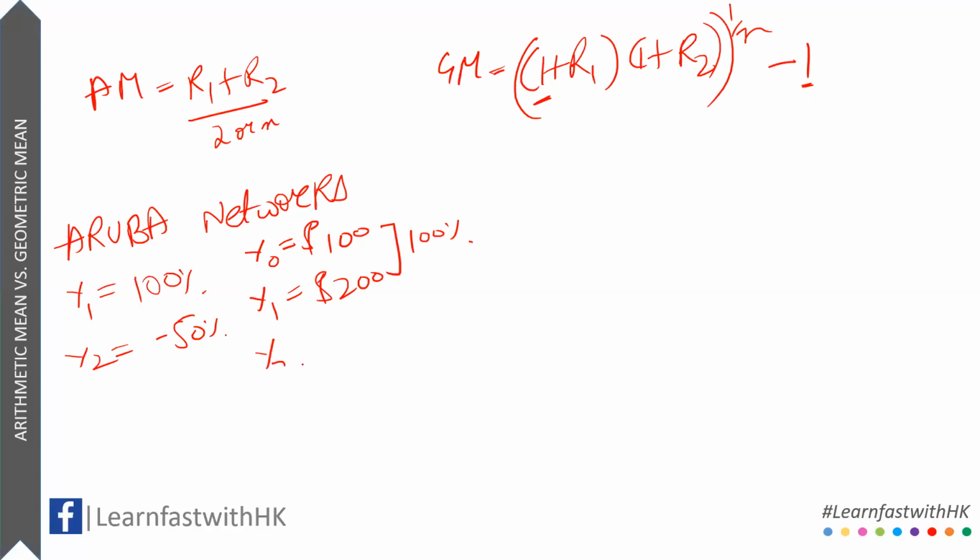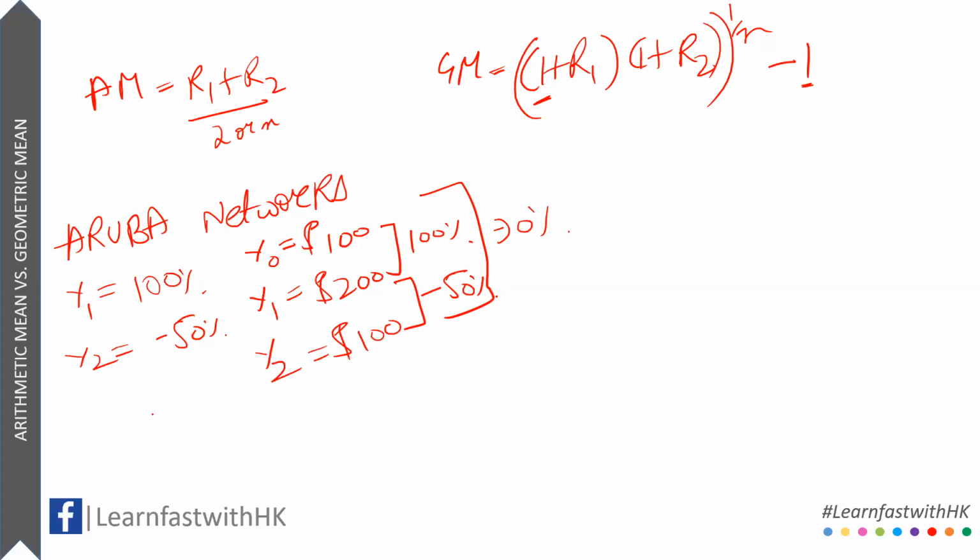And after another 1 year, that investment would have come back to $100 because in this year, you got a minus 50% return. So all in all, the total amount of return that you must have earned must be 0%. That's the reality.